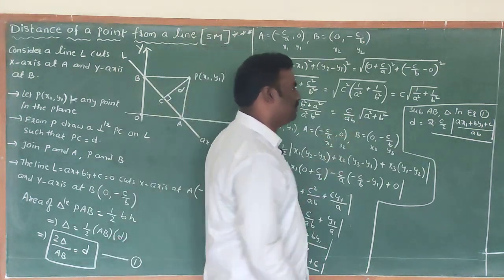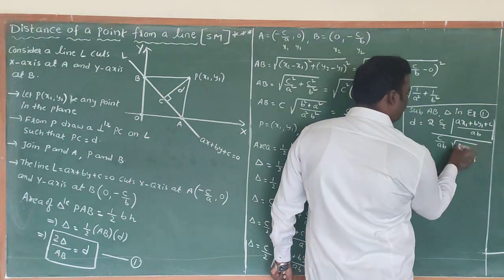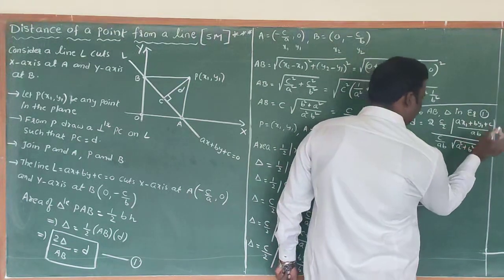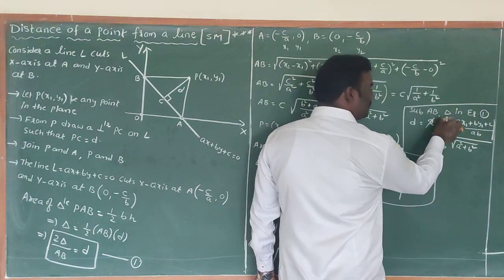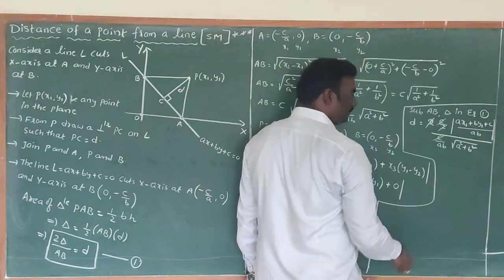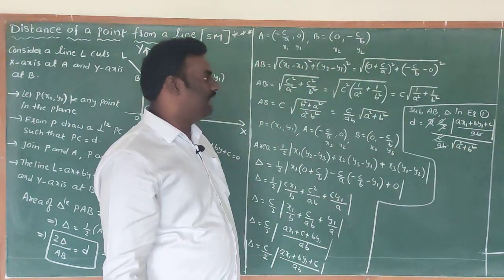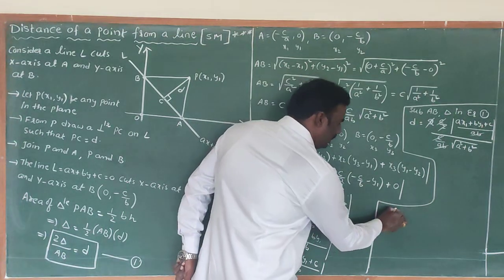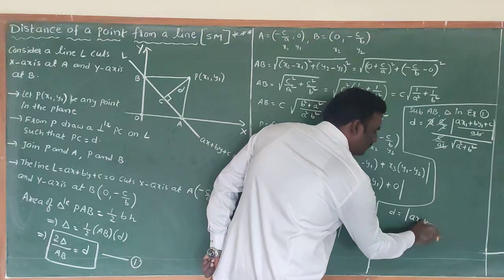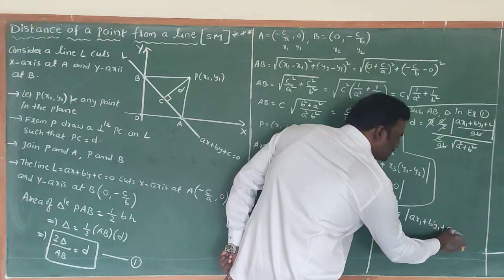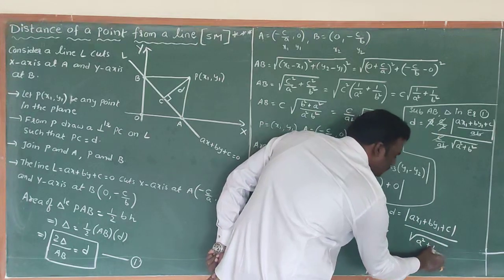C by AB into under root of A square plus B square. Now here 2 cancel, C cancel, AB cancel. Now finally what is remaining? D is equal to modulus of AX1 plus BY1 plus C by under root of A square plus B square.